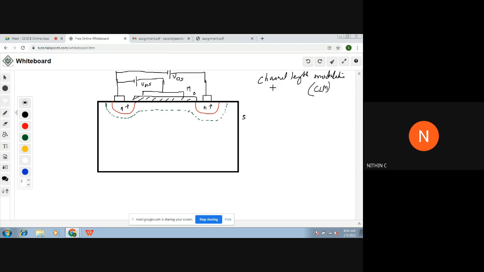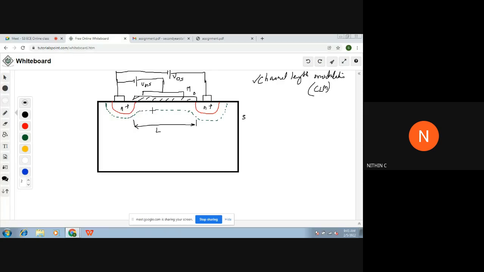While mentioning channel length modulation, I told you that the effect of channel length modulation is more evident in short channel devices. Short channel means this length will be short. This is the length of the channel, L, between the source and drain. The effect will be more when the length is small.